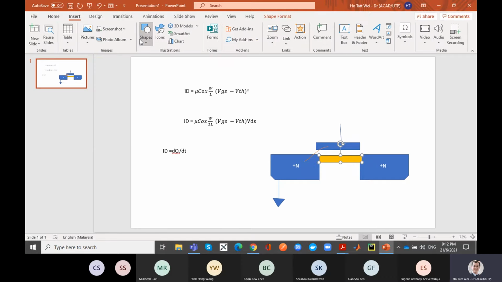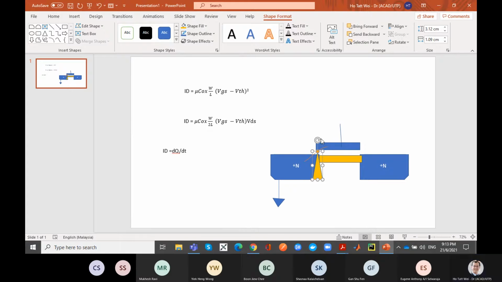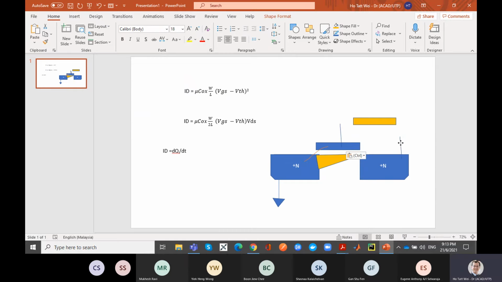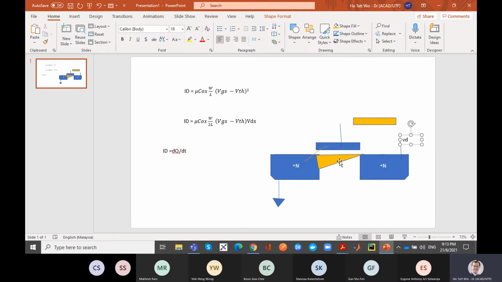Wait, let me draw that now. When you start applying a positive voltage here, VDS, let's just call it VD, you get a charge profile like that.